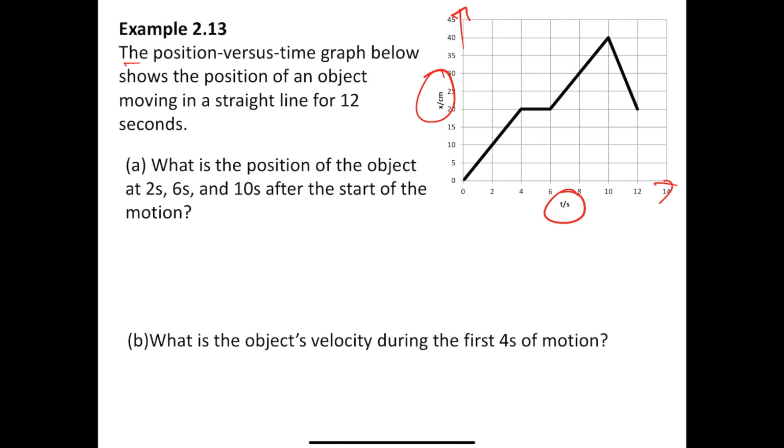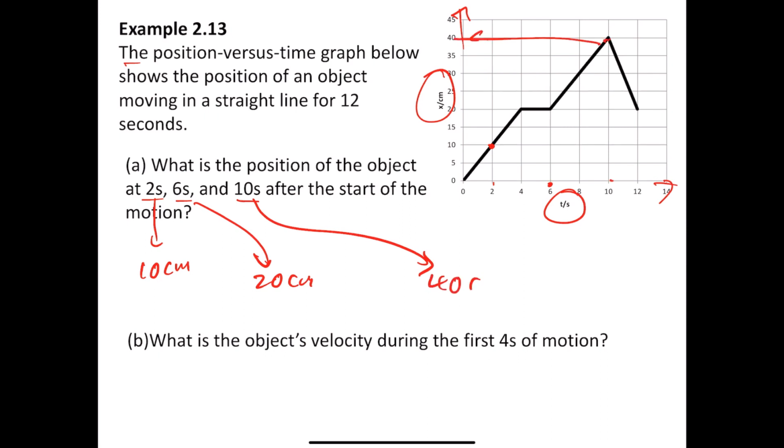So the position here is 2, 6, 10. At 2, you read here, it is 10 centimeter, at 6 is 20 centimeter, at 10 is 40 centimeter. What's the object's velocity during the first 4 seconds?